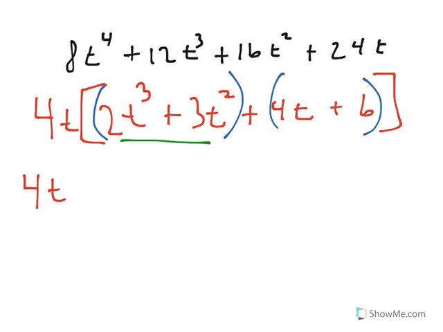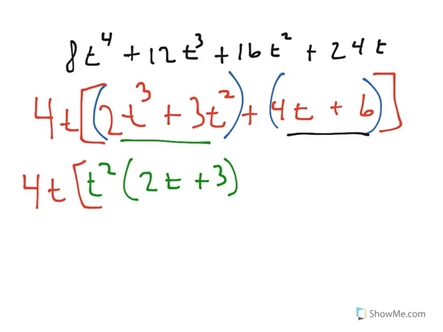4t. And now the GCF of 2t cubed plus 3t squared is t squared. So I get to take out a t squared, and that leaves me with 2t plus 3. Alright, and then I need to take out a 2 for that one.